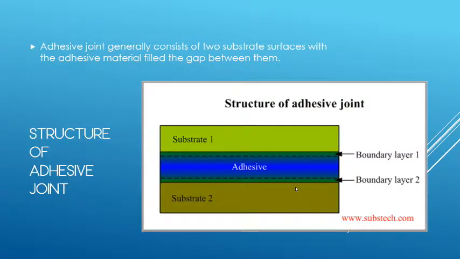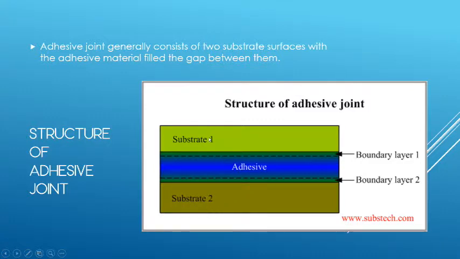An adhesive joint is a concept of two substrate surfaces with the adhesive material filling the gap between them. As we mentioned just now, for the sandwich, the first bread is substrate one, the next is the mayo, or if you like, some mustard is okay, and also the next bread, substrate two.